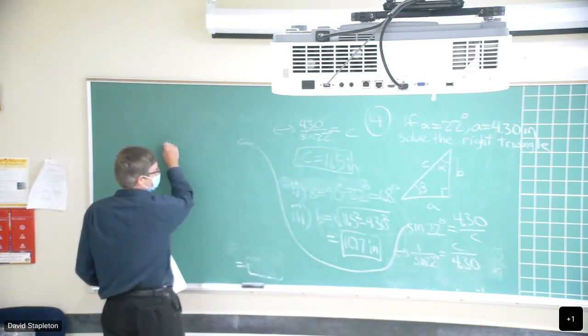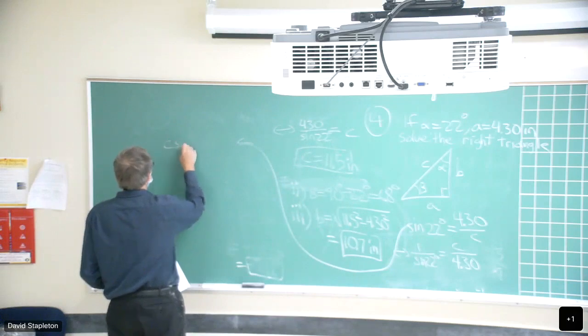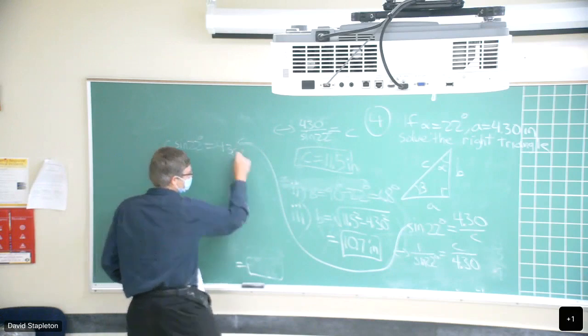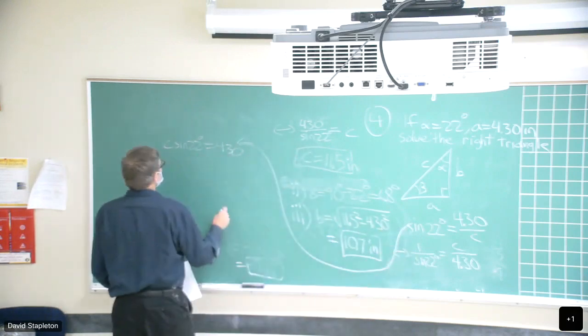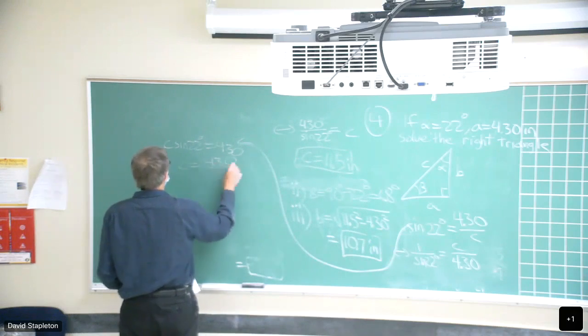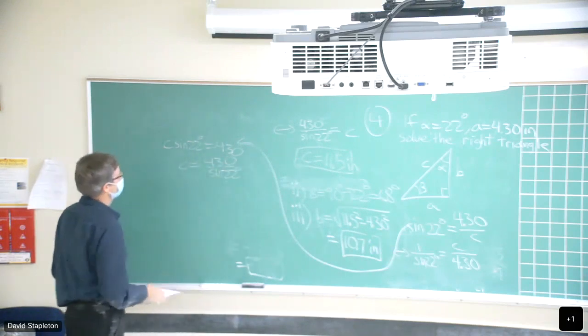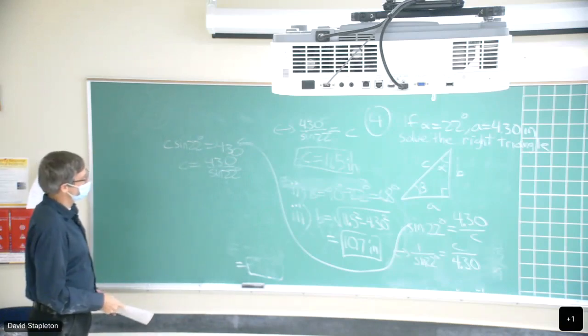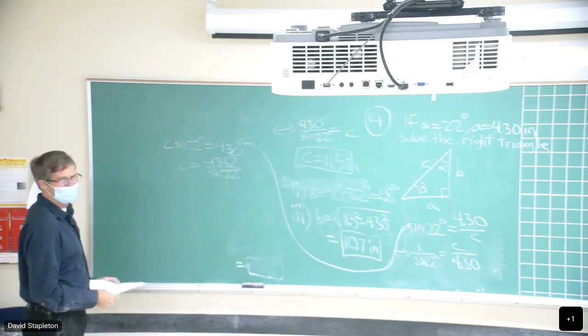Multiply both sides by c and get c sine 22 equals 4.30 from this step instead of taking reciprocals. And then you can divide by sine 22 to see it's 4.30 over sine 22. Yeah, that's a great way to do it. I do it that way on the board sometimes. I can switch back and forth. Either way is great.